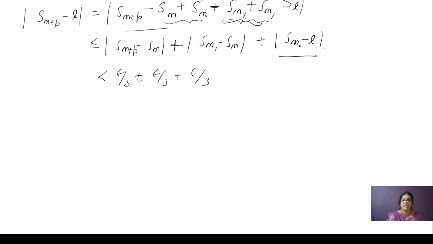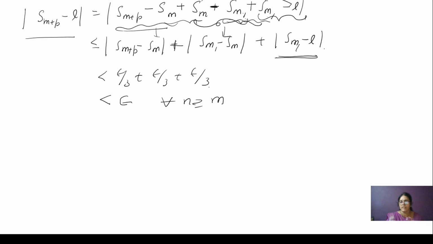So this is Sm1 minus L. Now we can see that, yes, this is the difference between these two, not these two. So this is the last term, and the first two terms are taken as they are. So this is 3 times epsilon by 3, which is less than epsilon for every n greater than or equal to m.